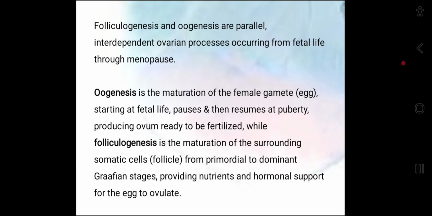As we say, oogenesis is a maturation of the female gamete starting at fetal life, pausing, and then resuming at puberty, producing an ovum ready for fertilization, while folliculogenesis is the maturation and development of the follicle surrounding the oocyte, from primordial to dominant preovulatory Graafian follicle. The function of these follicles is to provide nutrient and hormonal support to the developing oocyte.